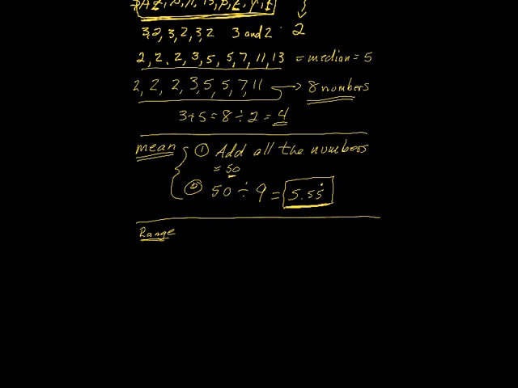It's really just a number that shows the difference between the smallest and the largest numbers. So for example, the smallest number I had was 2, and it went all the way up to 13. Well, to work out the range, all you need to do is take 13 and subtract 2. That would give you 11, so that is the range.